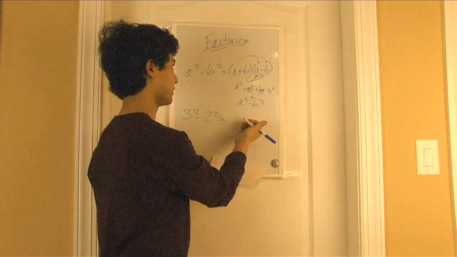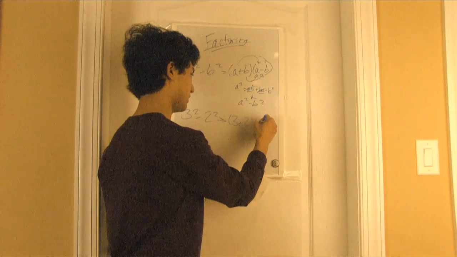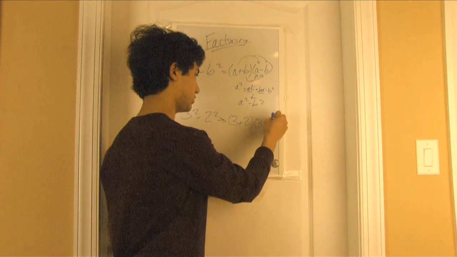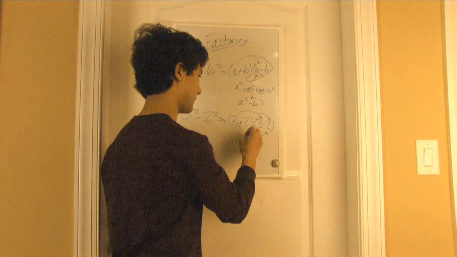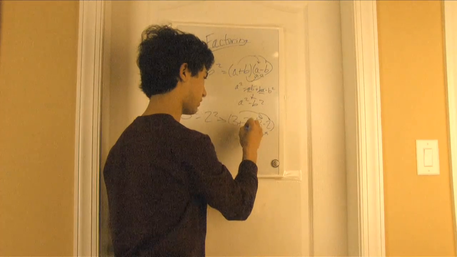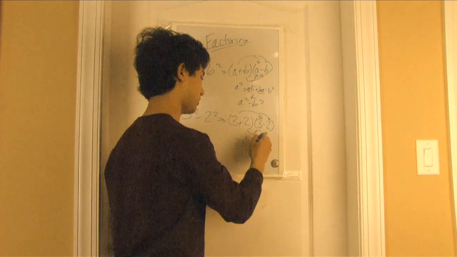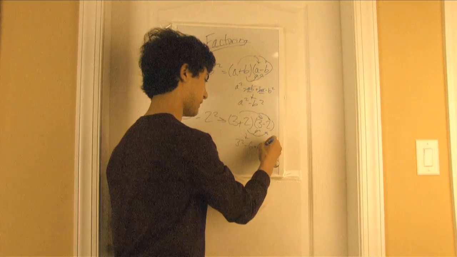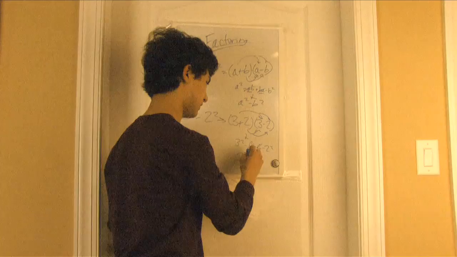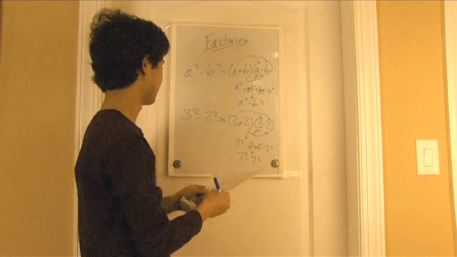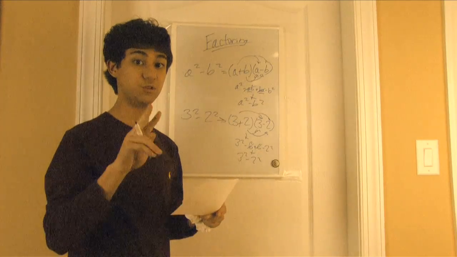So you would do 3 plus 2 and 3 minus 2, and when you multiply those out, you would get 3 squared minus 6, and then plus 6, and then minus 2 squared. Those two cancel out, and there you go. See, it works. That's for finding the difference of two squares.